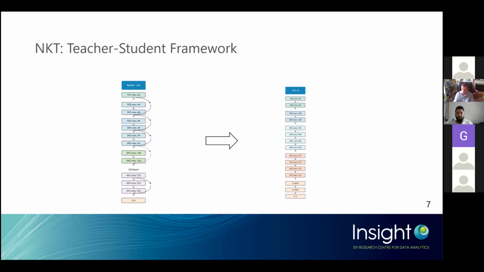So all of these methods, I'll talk about them in the context of this teacher-student framework. This is the idea that we're transferring knowledge from an already trained teacher to a new student that we're training ourselves as part of any use case. And for the teacher, we assume it has some kind of desirable properties.